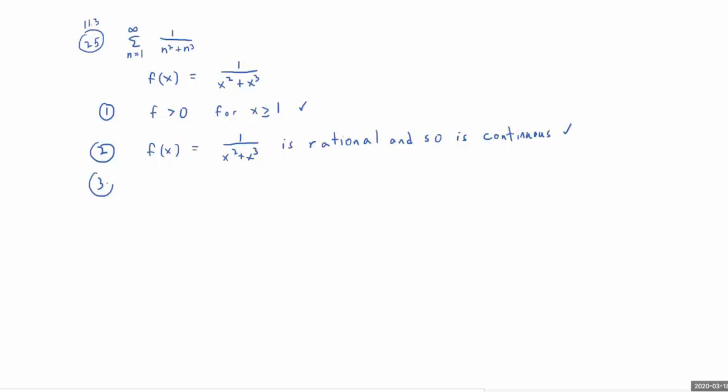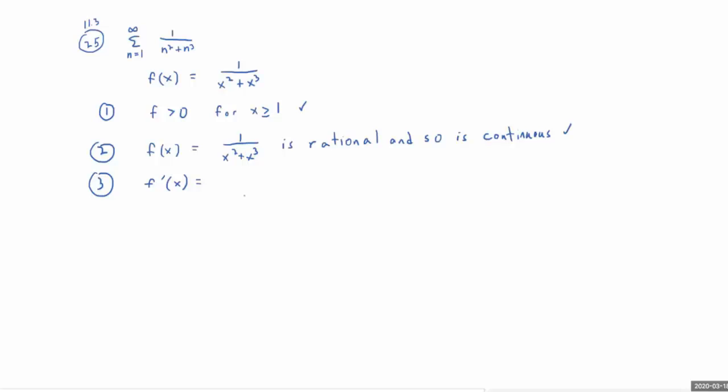And then the third one is that it's decreasing. So how do we show it's decreasing? Do you remember? Derivative. Derivative, yay. F prime of x. You could use the quotient rule, or you could write it as x squared plus x to the third, the whole thing to the -3, and use the power rule and the chain rule.